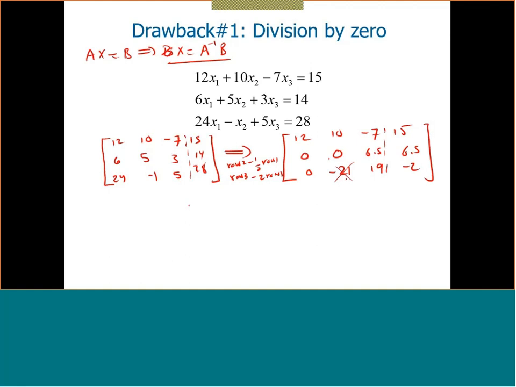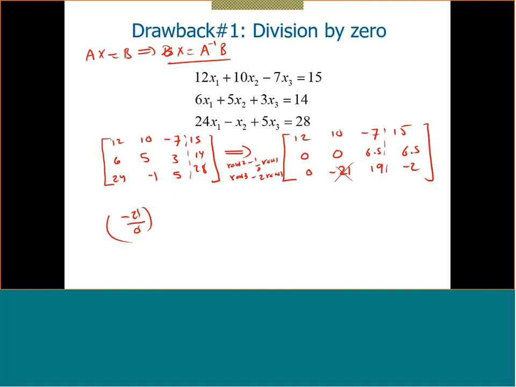To eliminate this, I multiply by 6 divided by 12, which is half. I multiply by 24 divided by 12, which is 2. Now I need to multiply by minus 21 divided by 0, and this is, as you know, undefined. So this is a problem.